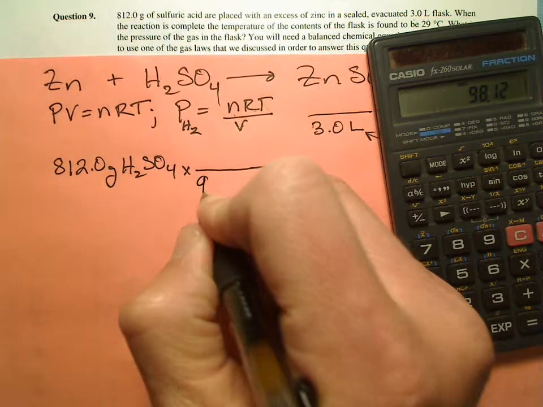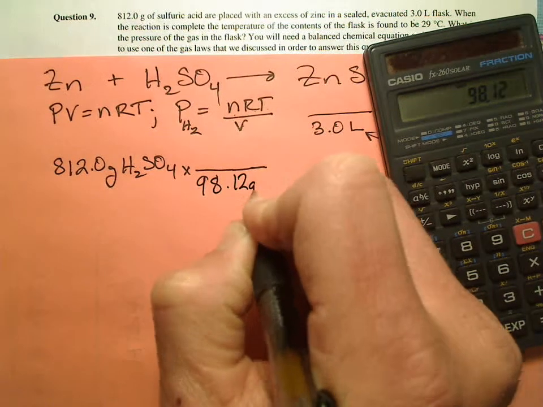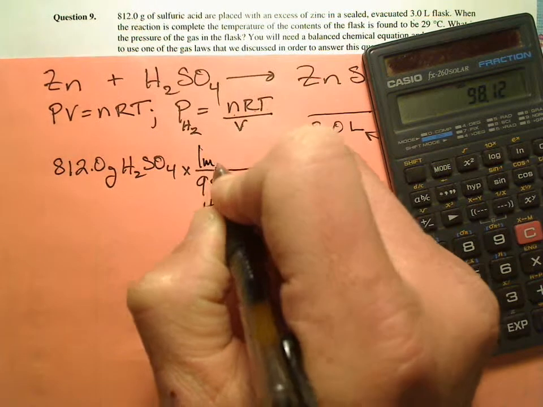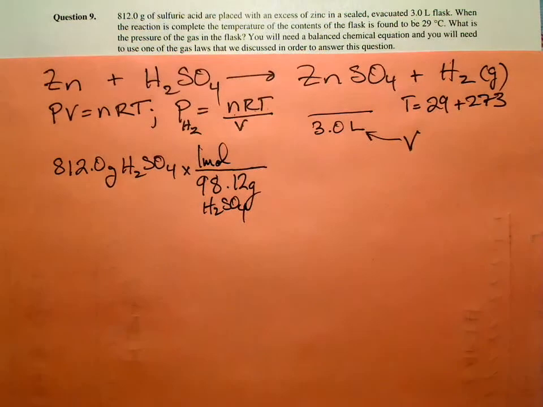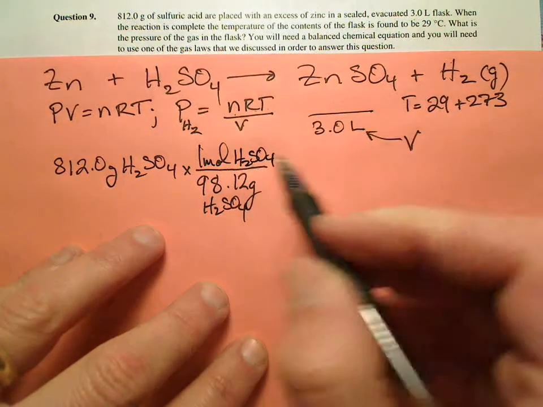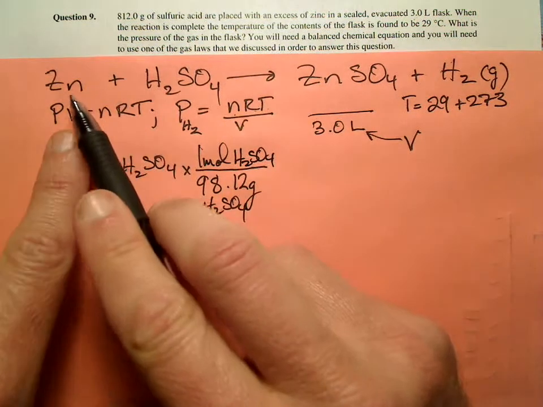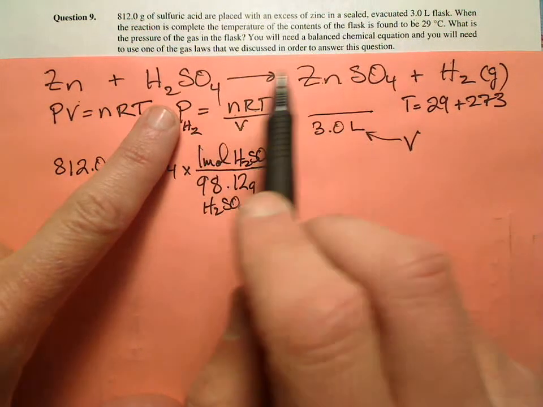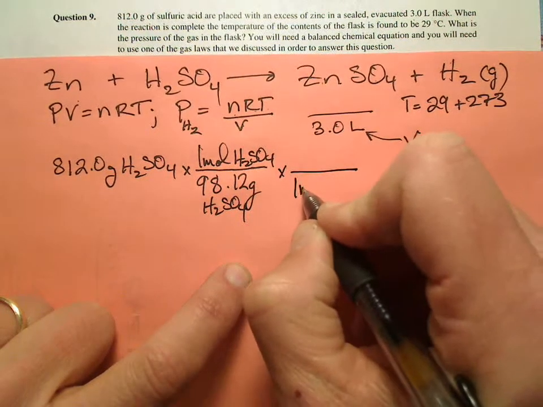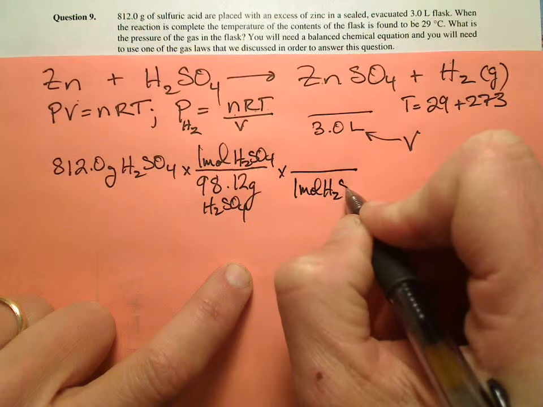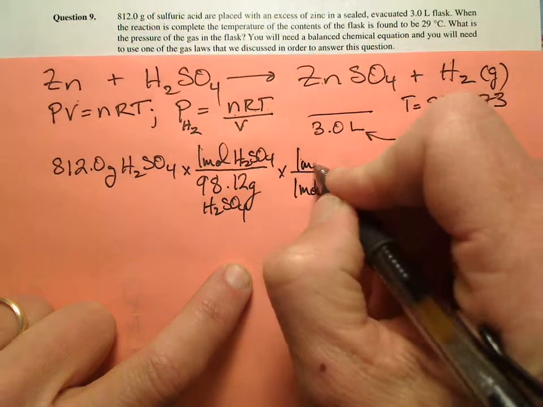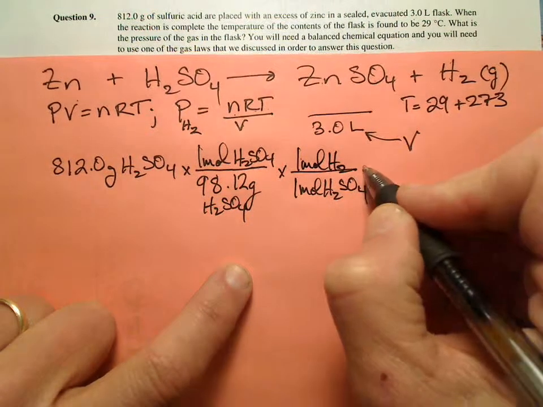So my molar mass is 98.12 grams of sulfuric acid per 1 mole of sulfuric acid. Now I'm in business. Oh, I got to balance this equation. Is it balanced? Zinc, zinc, sulfate, sulfate, 2 hydrogens, 2 hydrogens. Okay, so I know that for every 1 mole of sulfuric acid, I make 1 mole of hydrogen gas.